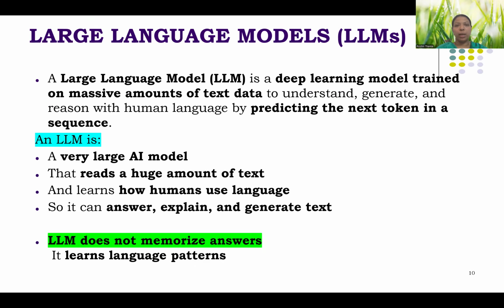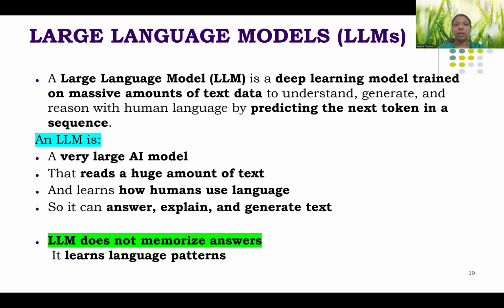So in generative AI, one of the parts is the large language model. We learned text to text. This large language model is one of the deep learning models. We already know generative AI is a type of deep learning. In deep learning, the large language model is trained with billions of parameters, a massive amount of data.